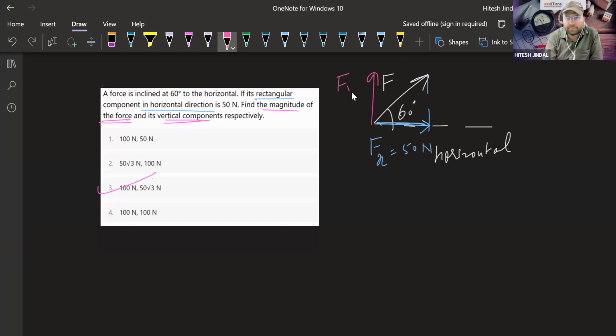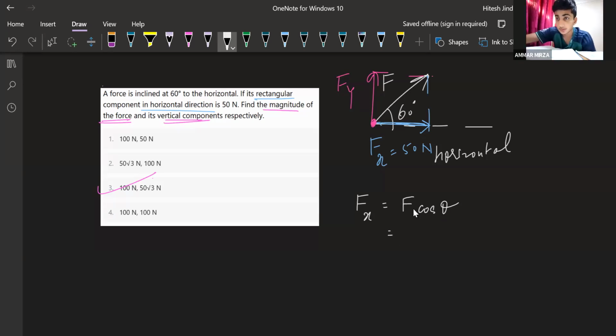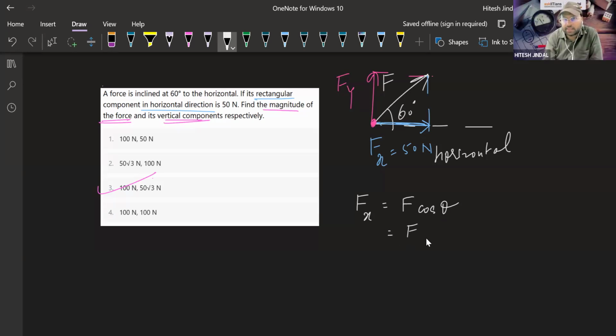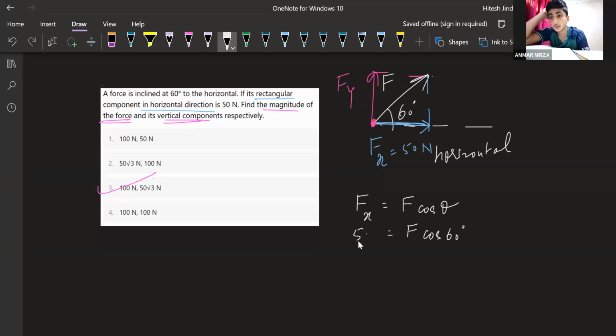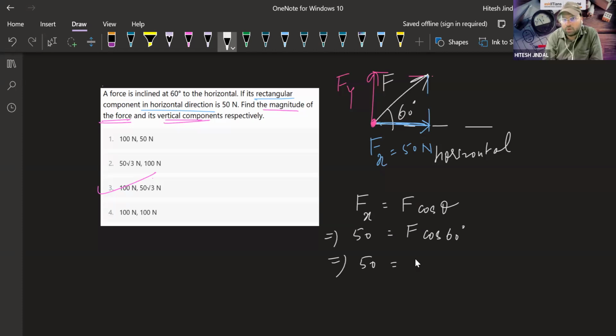Let's say Fy. Okay, we also have to tell what the value of the Fy component will be. So what is Fx? F cos theta, right? So we have to find F. What is theta? 60 degrees, cos 60 degrees, and Fx is 50. So 50 is equal to F cos 60 degrees. What is cos 60 degrees? Half.